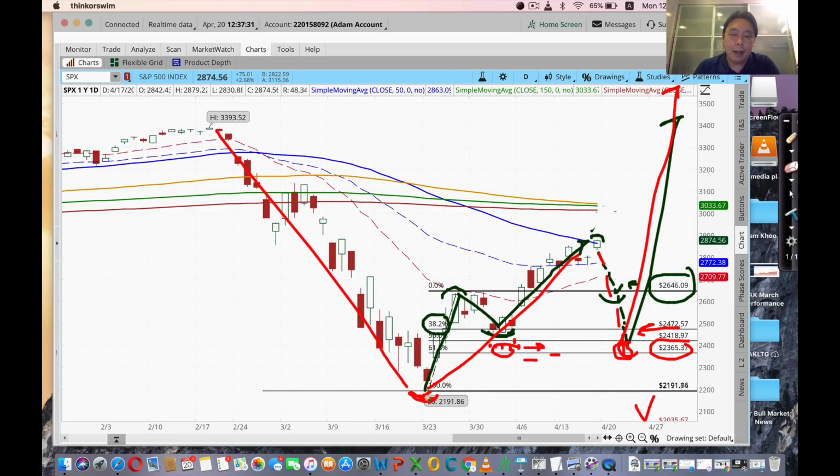Every time the market has recovered more than 55% of the bear market drop, it tends to make all-time highs and it doesn't make a new low anymore. So if the market does indeed make a new low, it will be the first time in 100 years that it happened.